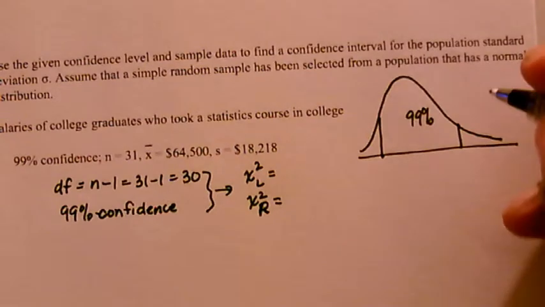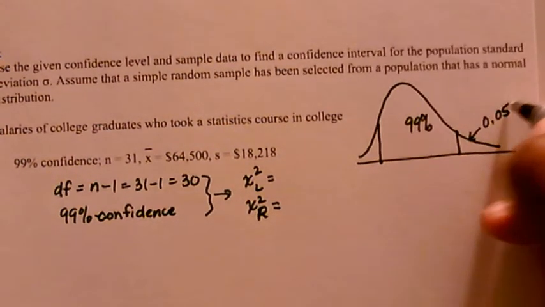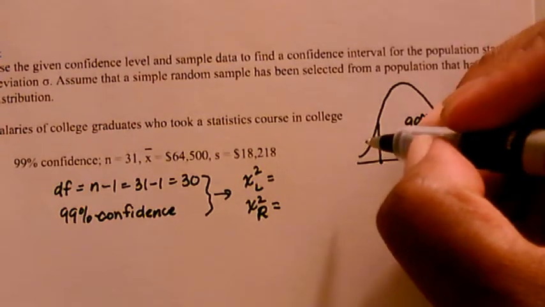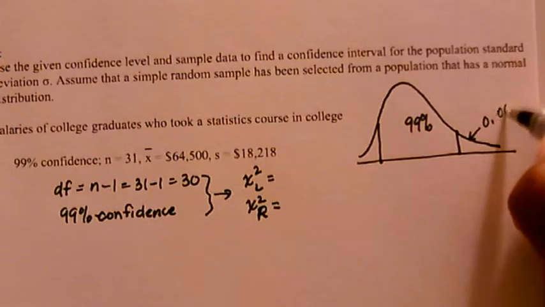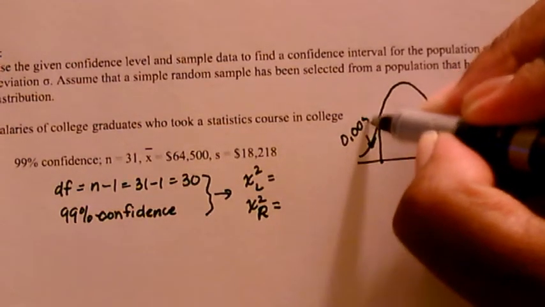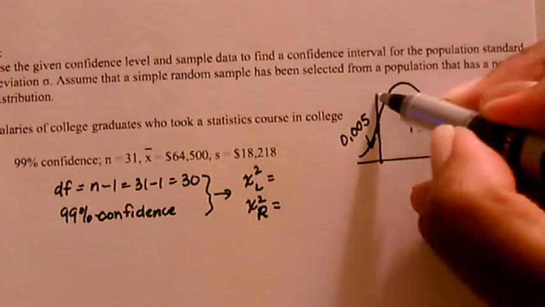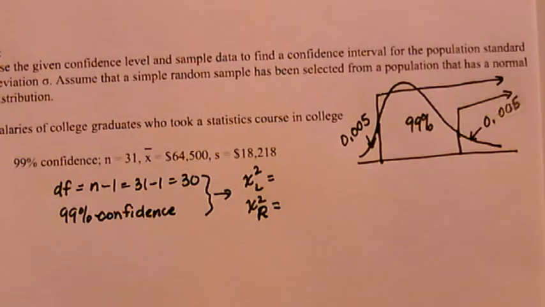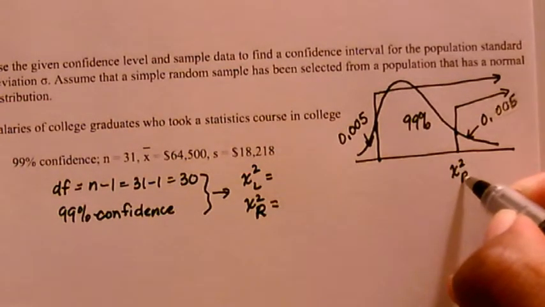So this represents 0.005, and this also represents 0.005. Alright. So we want the chi-square value on the right.